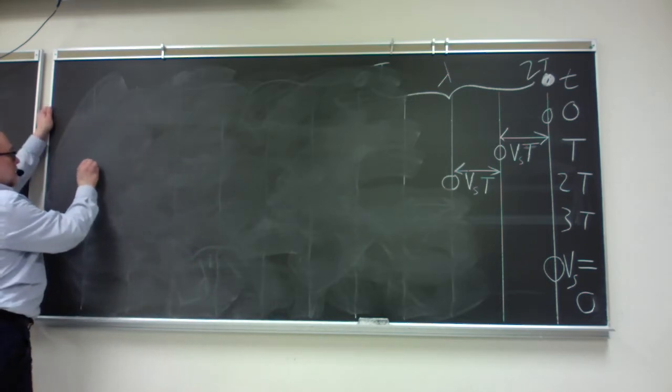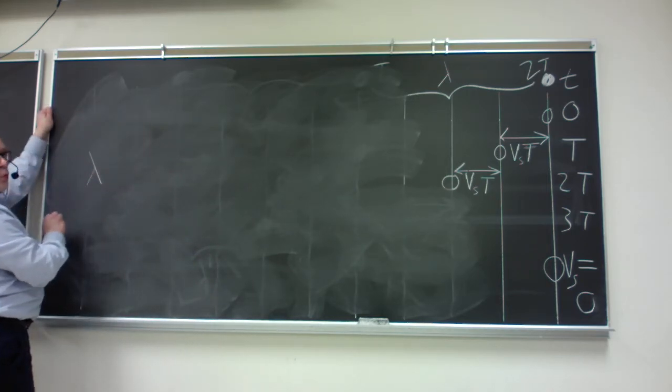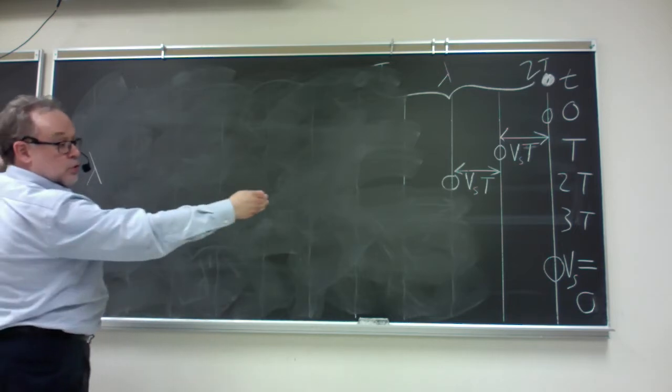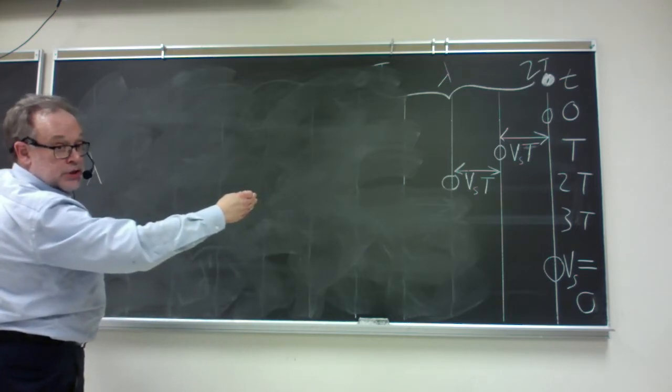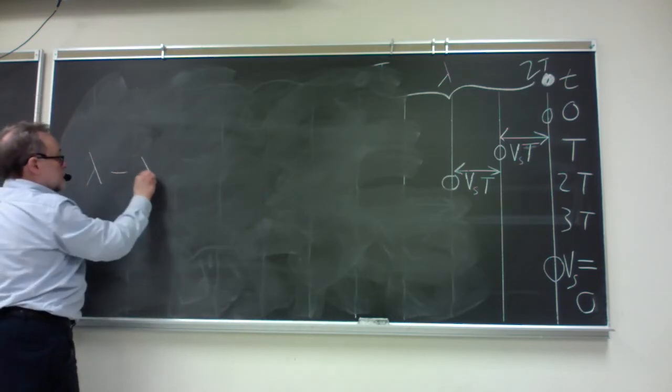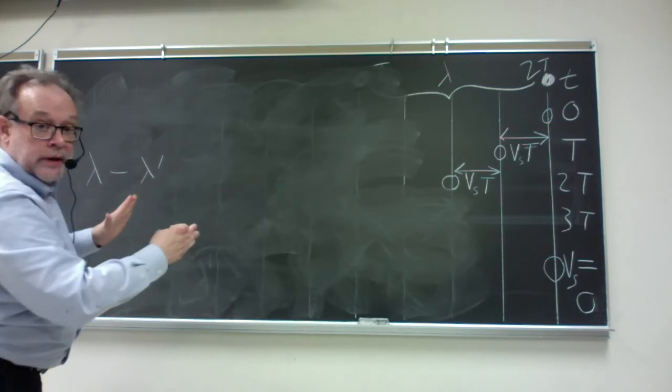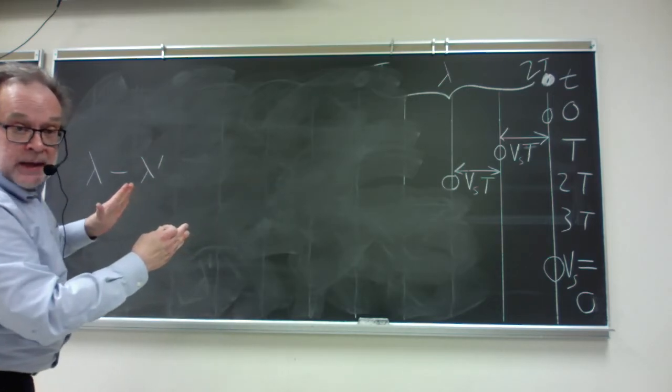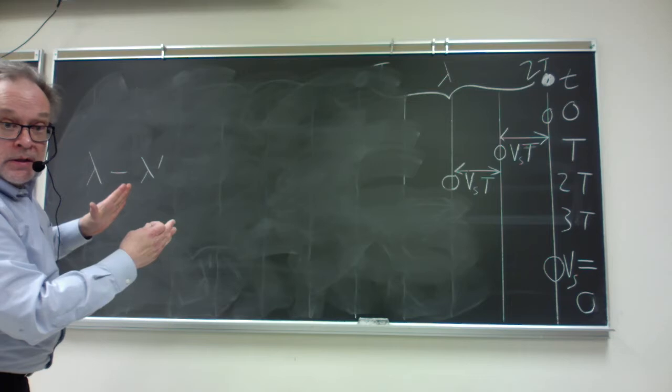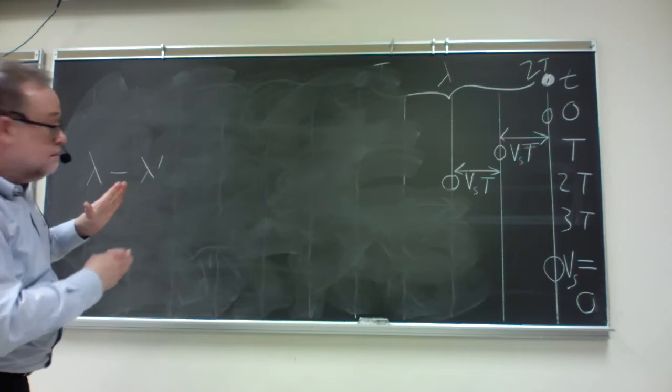So the longer wavelength that we got when the source was stationary is bigger than the shorter wavelength that the waves have when the source is moving.